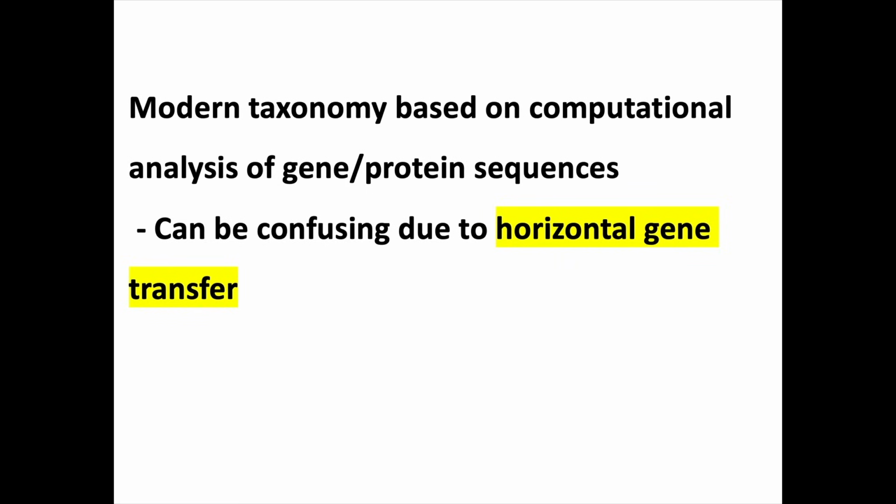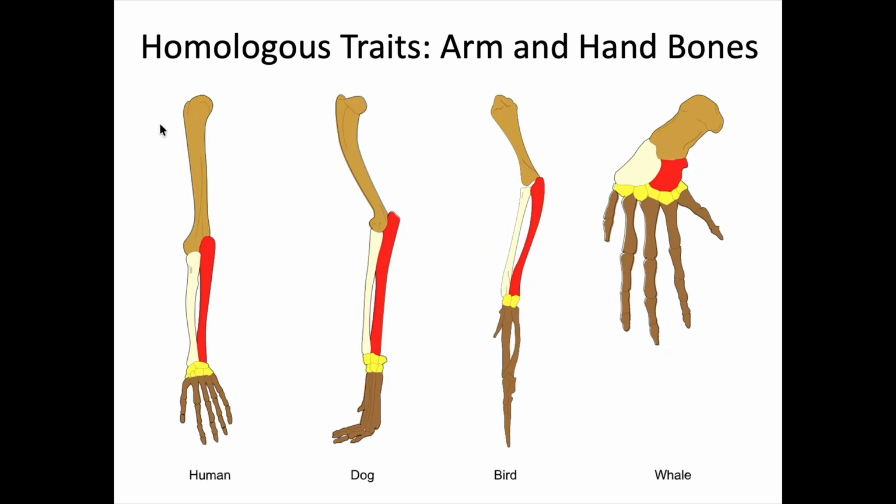So the assumption we have been making with all of this is that we inherit the genes that we have from our ancestors. A parent passes genes down to offspring, and they pass them down to their offspring, and they pass them down to their offspring. And if things have a similar gene sequence or a similar physical structure, it's because they had some ancestor that passed those genes down to them.